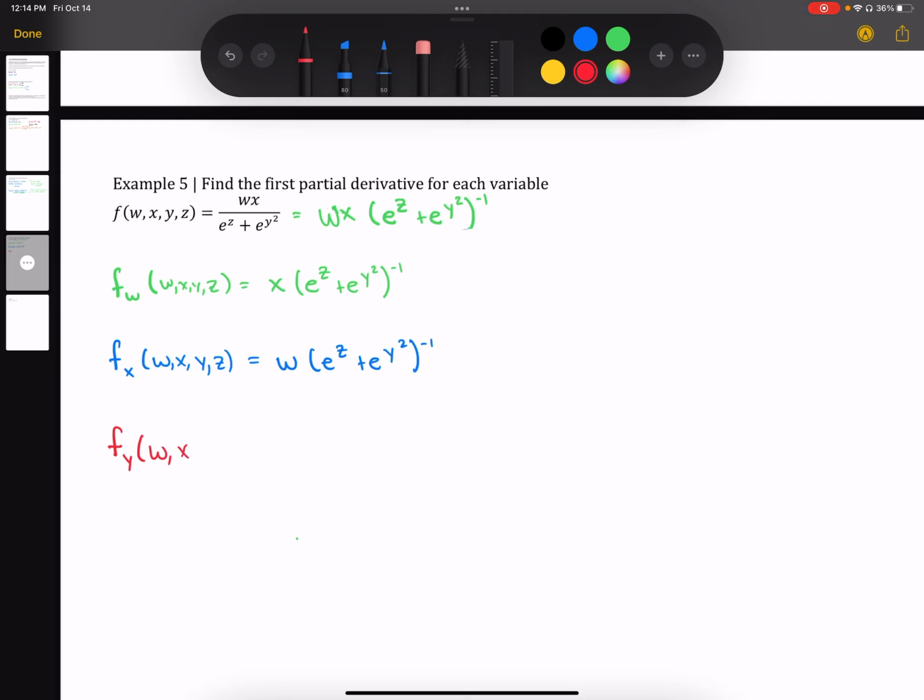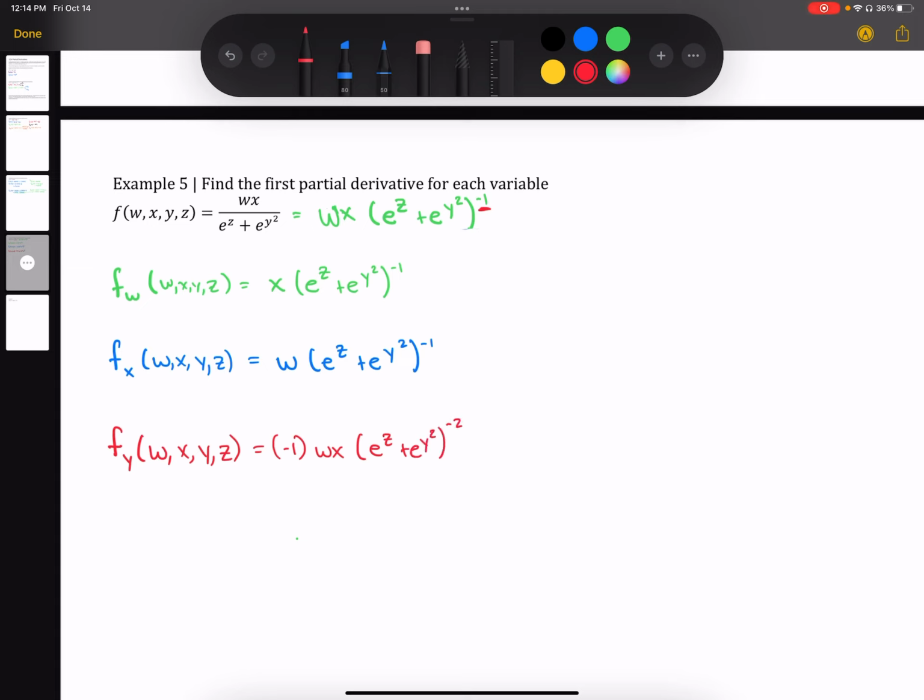So now we have this outside power to worry about. What the chain rule is going to tell us is that we have negative 1 times wx. And remember, for the chain rule, you never change what is raised to the power.